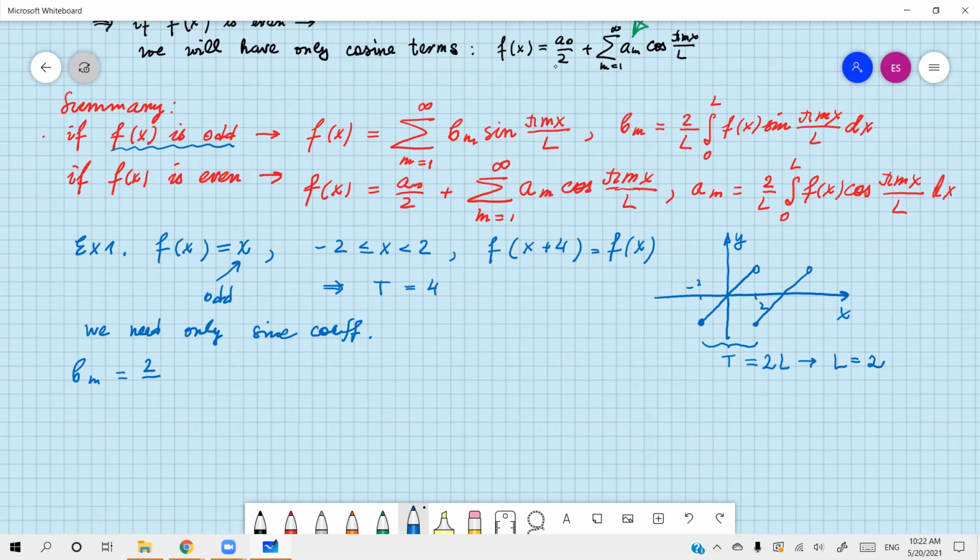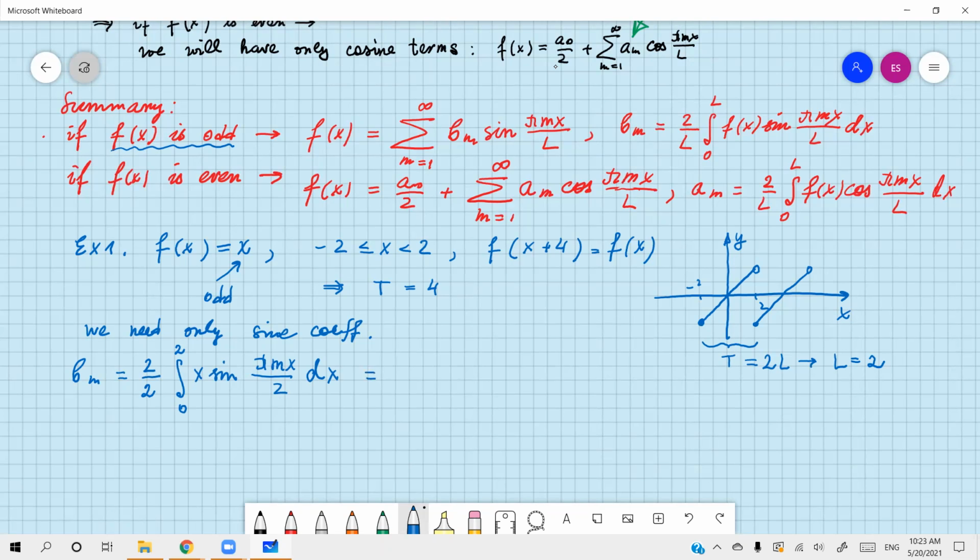And we have 2 over L, which is going to be 2 over 2. And the integral from 0 to 2 of x sine of pi m x over 2 dx. That's what my formula tells. Just calculate using the formula.